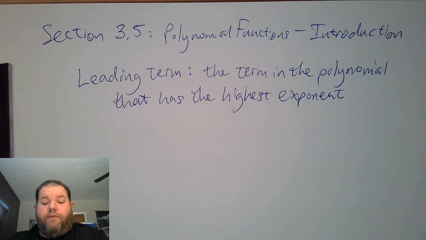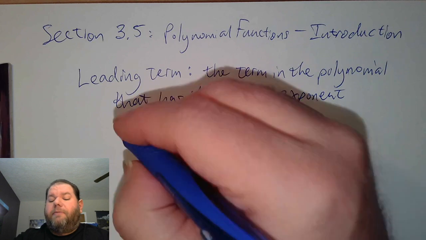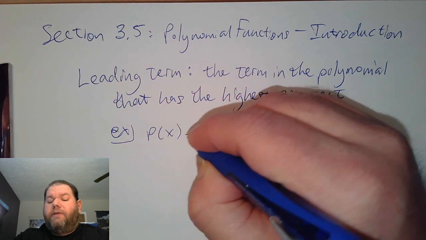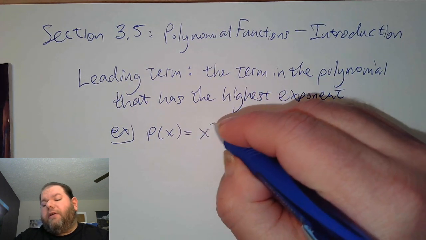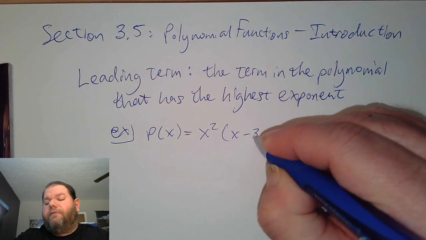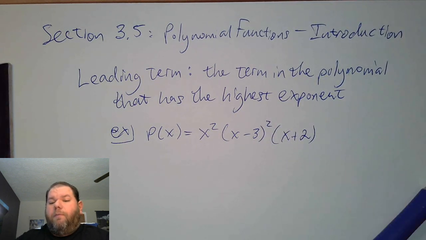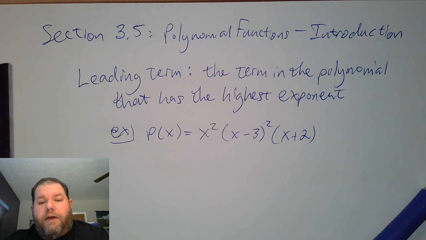And usually this is written first, that's why we call it the leading term. Although in some cases it won't be obvious what the leading term is because of the way the polynomial is written. It may be that, for example, our polynomial p of x is written x squared times (x minus 3) squared times (x plus 2). We've been given the factored form rather than the original polynomial, so it's up to us to figure out what the leading term is ourselves.